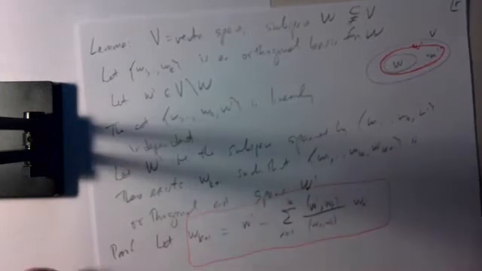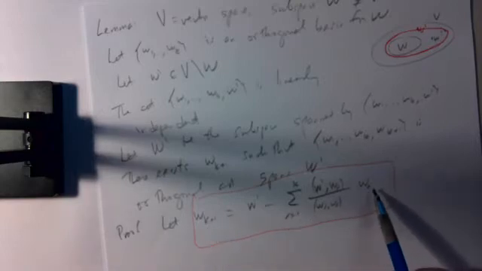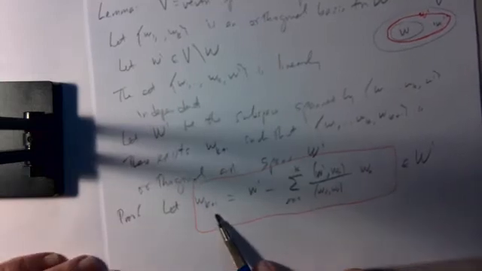So that's kind of a formula. In any case, this W k plus 1 is a linear combination of W1 up to WK and W prime. So this is certainly in my new vector space. And I claim that this is perpendicular to all the other vectors W1 up to WK.